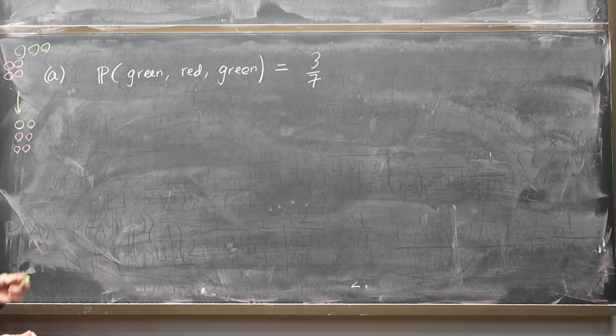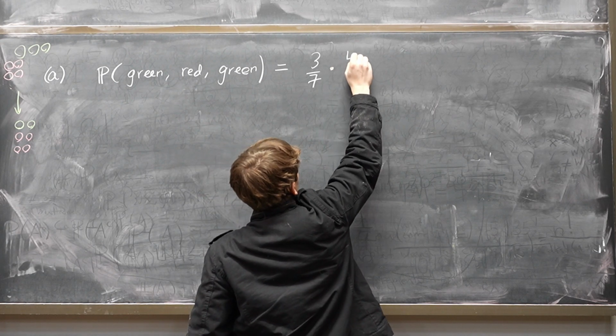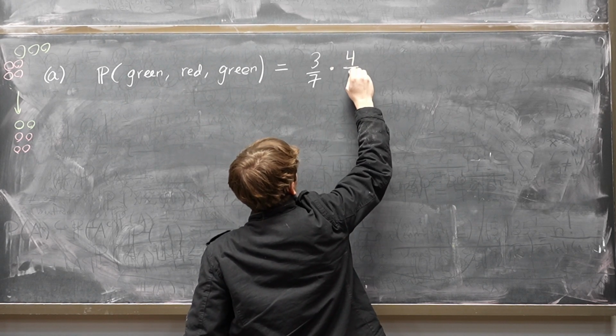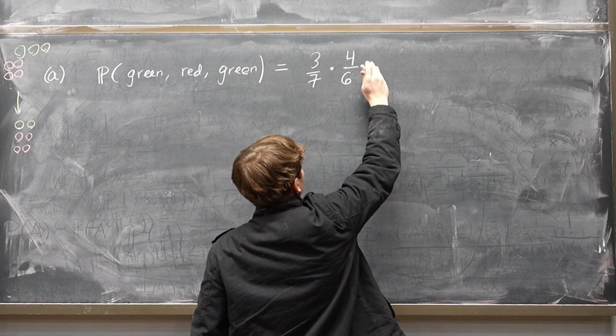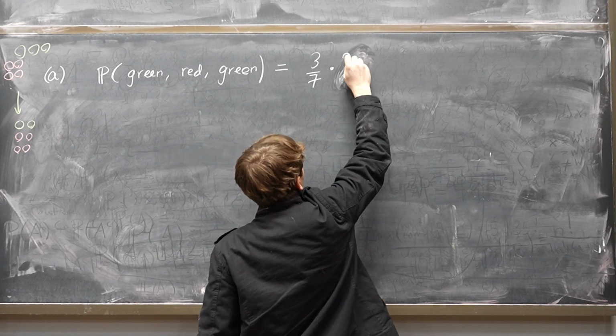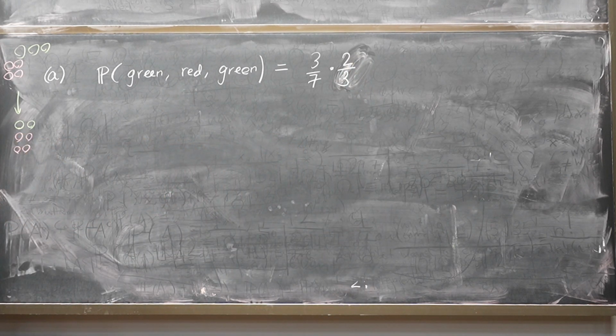So the probability of choosing a red ball at this point is 4/6. And we might as well simplify 4/6 to be 2/3, just to make our lives easier.